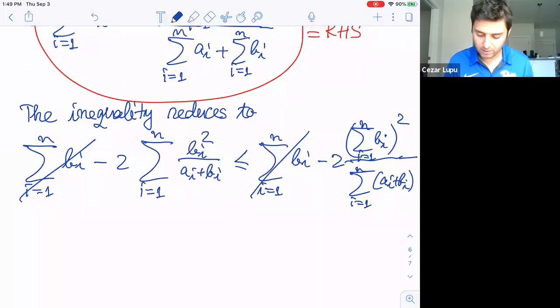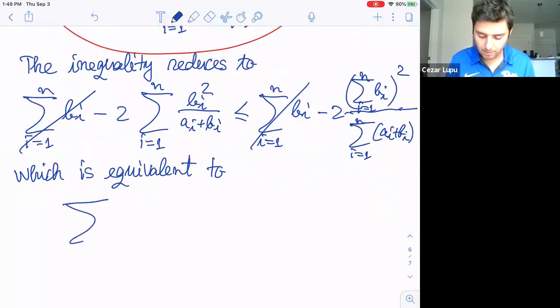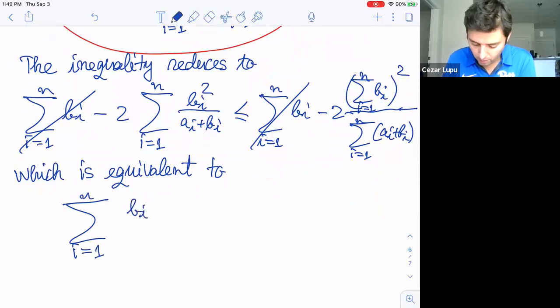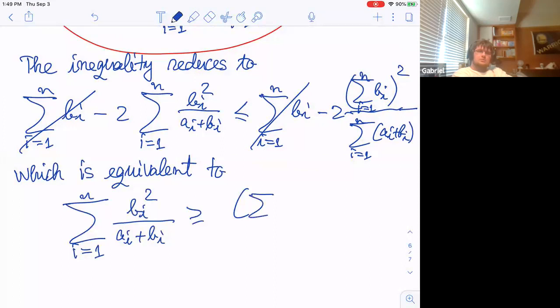I'm going to reverse this, so this is equivalent to what? To the sum from i equals 1 to n of b_i squared over a_i plus b_i is greater than or equal to what? Than the sum... Oh, isn't it less than or equal?